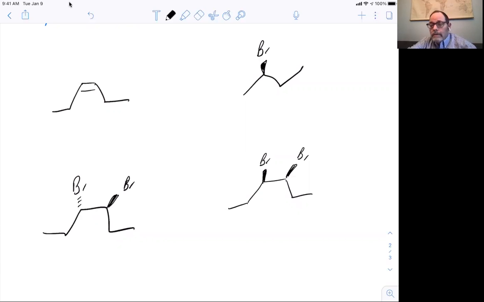Okay, let's go ahead and take a look. For the first one, we see all of these are on the same side. So 1, 2, 3, 4, 5, 6. It's going to be hexene.